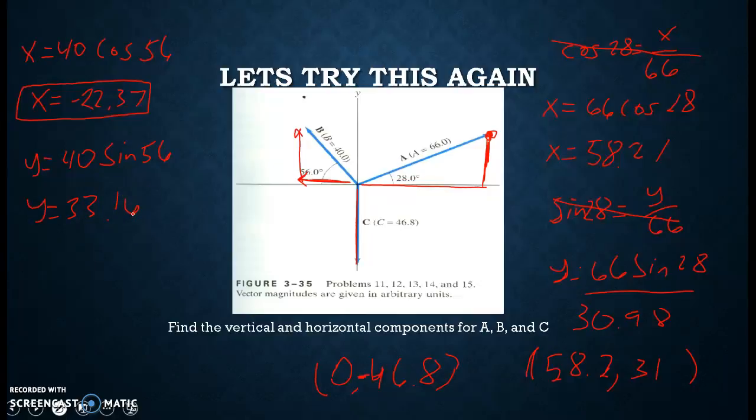And so I would have my x and y coordinates: negative 22.37 for x, and the y value would be 33.16. And so those are how I can find the terminal points of all three of these vectors.